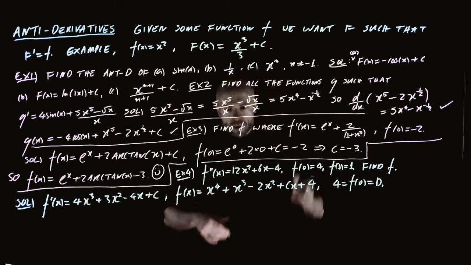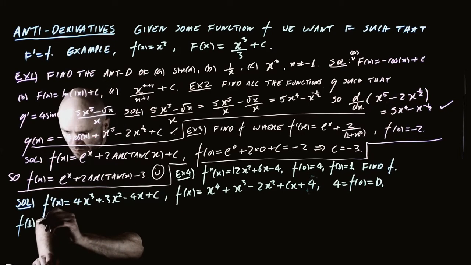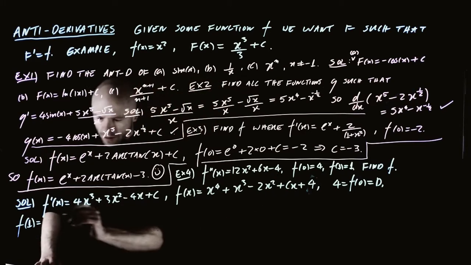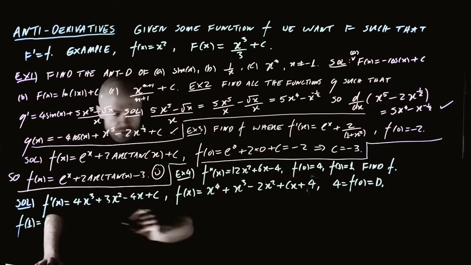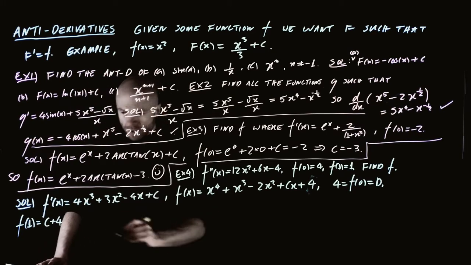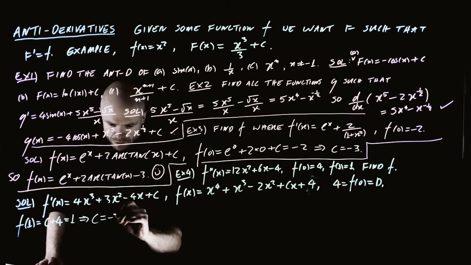And then if we put in 1 into this, what happens? We have f of 1. We have 1 plus 1 minus 2, which is 0, plus c. So we're just going to have c plus 4. And that will be equal to 1. So this implies that c is equal to minus 3.